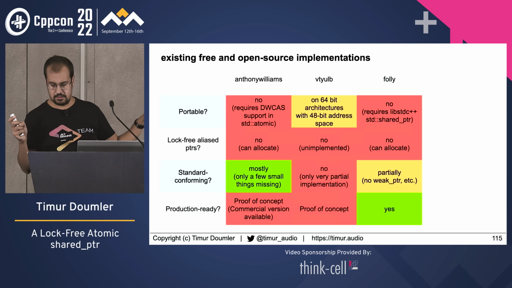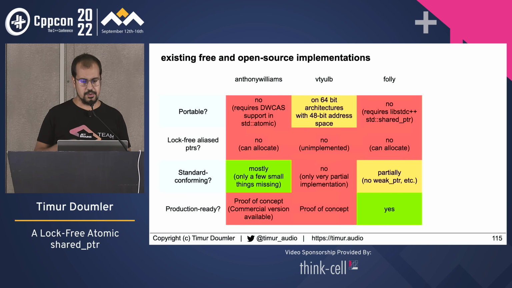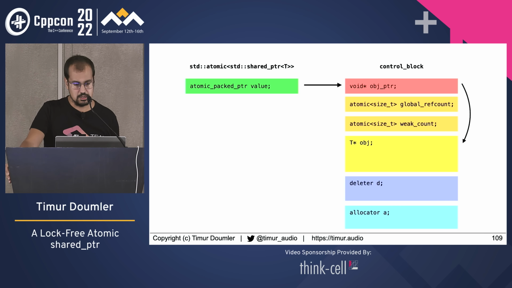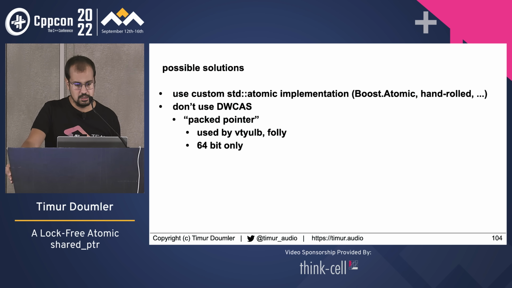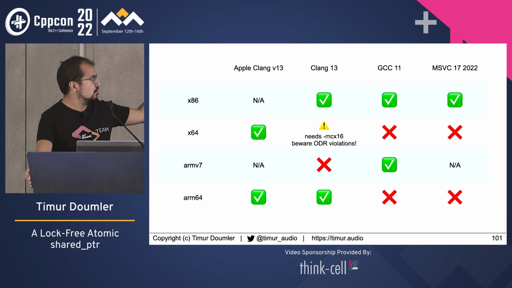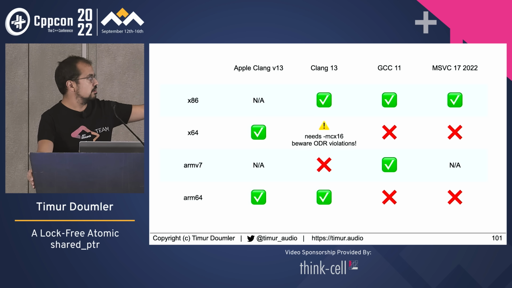So here's kind of just an overview over the existing three open source implementations. Portability: Anthony Williams is not portable. It requires double compare and swap. And again, we have this table here. So it only really works on Mac or on Clang.